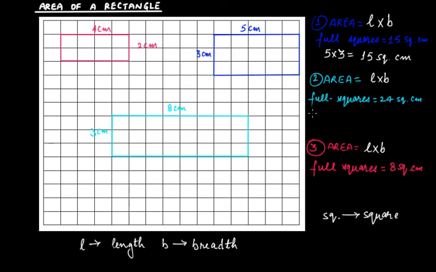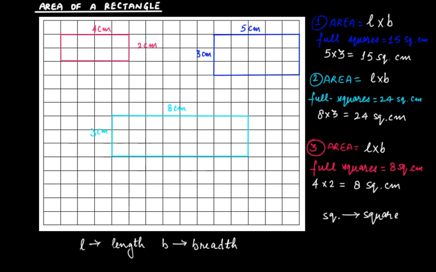In this case you have 8 times 3, that is 24 square centimeter. And in this case, you have 4 times 2, that is 8 square centimeter.